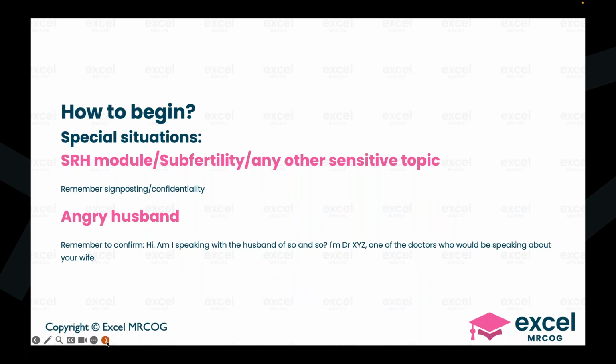So, when it comes to subfertility, SRH, particularly when there is a sensitive issue that is being discussed, remember signposting, remember confidentiality. When you are dealing with sexual reproductive module, young girls, or subfertility, because you would need to ask intimate questions, say in the beginning itself, in the beginning of the task, like say it's possibly a vaginismus task, and almost all your questions are going to be intimate questions.